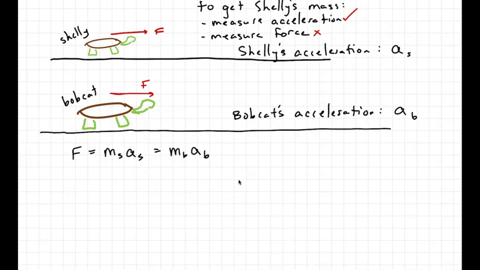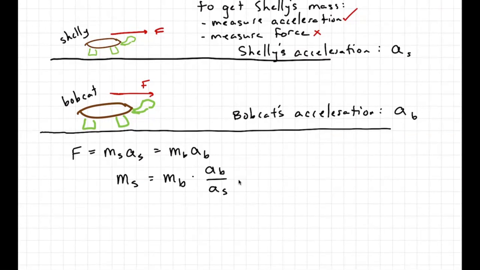And I can get a little relationship between the masses this way. The accelerations are things that I can in principle measure. And if I wanted to know Shelley's mass, then that's the same thing as Bobcat's mass times this ratio of the accelerations, just by reorganizing that equation.